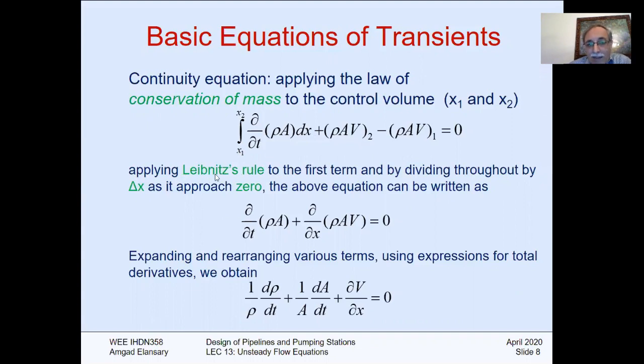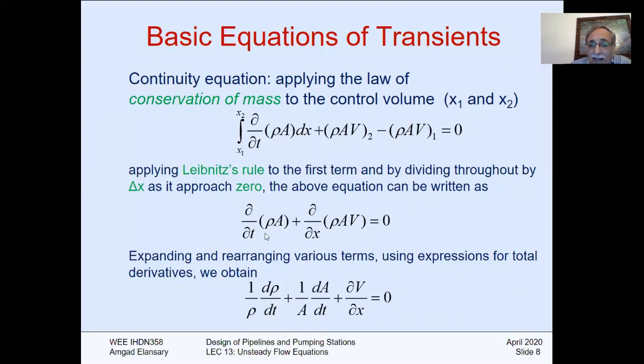By applying Leibniz's rule, the first term can be divided throughout by delta x. So this term becomes partial by partial t of rho A. And when I divide rho A V minus rho A V over delta x, I can write this as partial by partial x of rho A V. Remember, we are dividing through by delta x as it approaches 0. So this is the term from this equation to this equation.